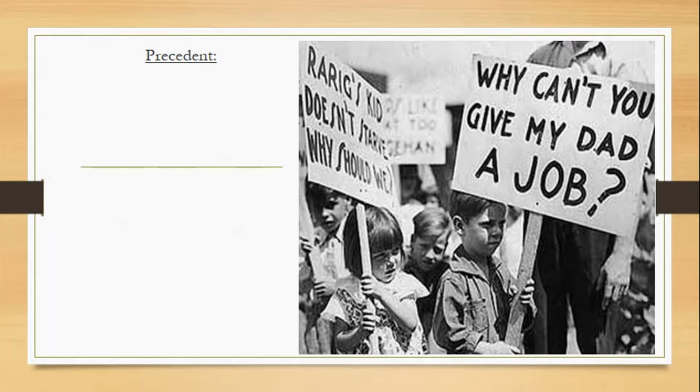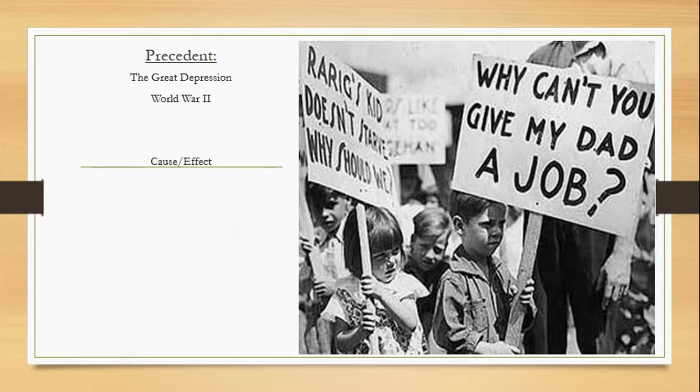photo. Now, the next thing that you consider when you're thinking about a visual text is precedent. What came before this that caused these events? So from our history, we know that the precedent would be the Great Depression, because I told you at the beginning that this was set during the Great Depression, which was also World War II.